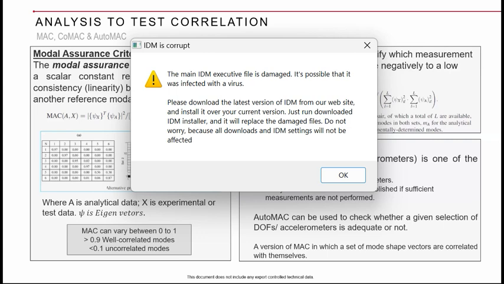Okay. AutoMAC. Auto here, when we say it's self, right? The meaning of auto is self. So AutoMAC is nothing but the model adherence criteria with the self data, with itself, I mean. So this will help you to actually decide on the number of accelerometers and the location of accelerometers that you would like to have in the testing.